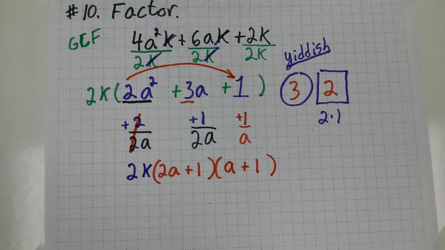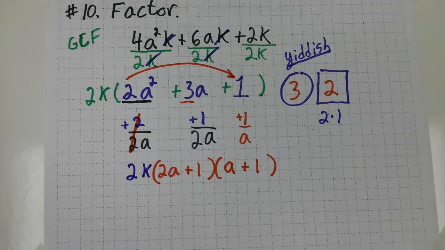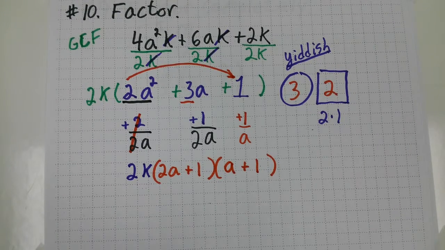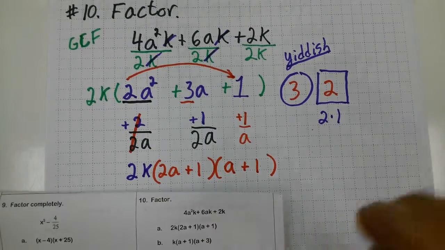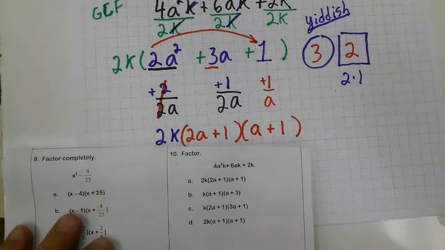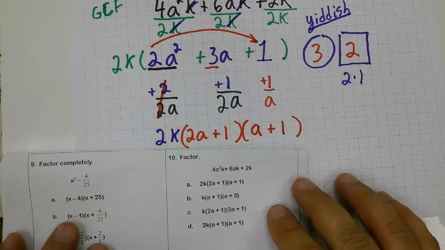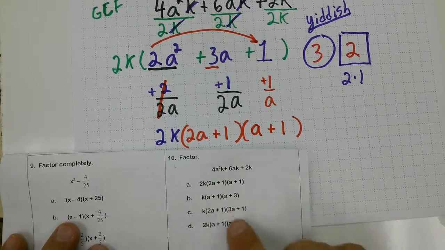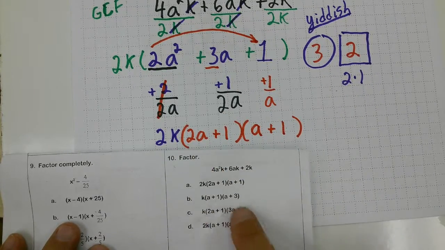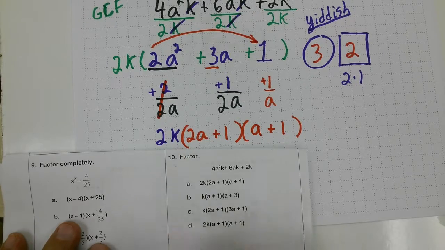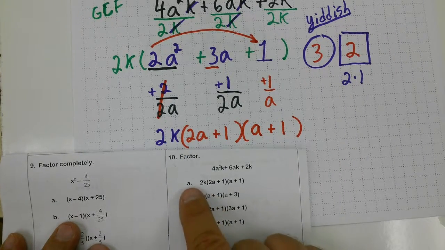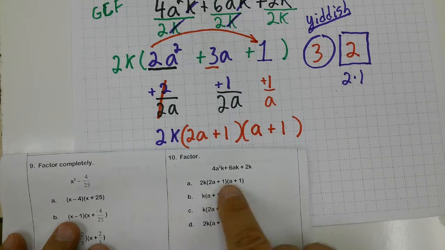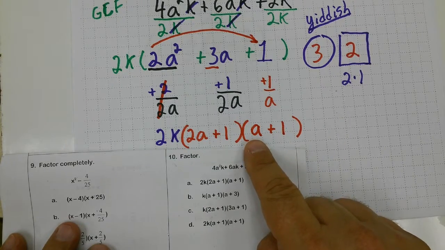So let me see if I factored this completely, if any of these answers line up with my final answer. And there it is. If you're actually working this problem out, you might want to start eliminating choices as soon as you pull that 2k out. But in this case, choice A lines up perfectly with my factored solution.